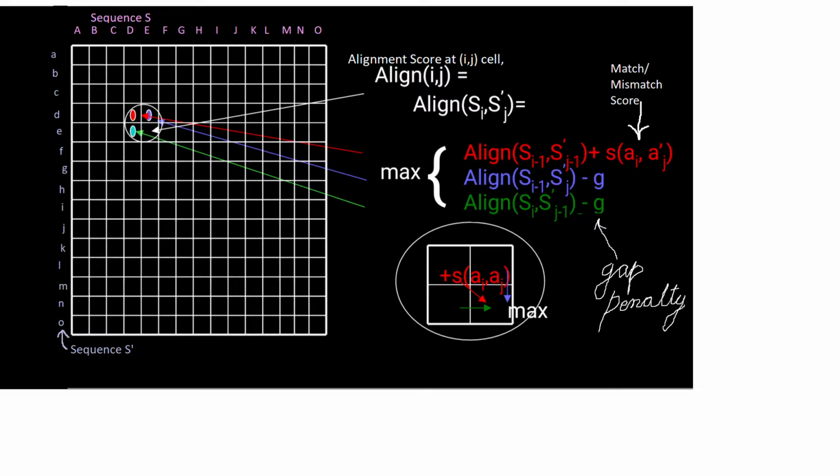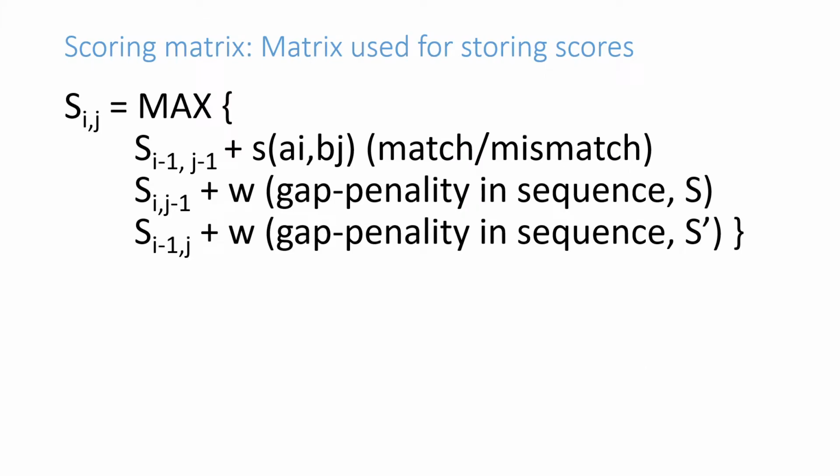Or the score from the top cell: the score of the top cell minus the gap penalty. This is the scheme for giving a score to a cell in a score matrix.